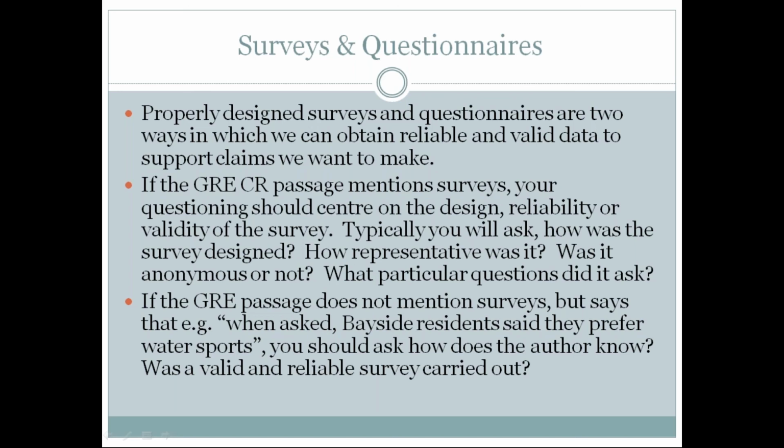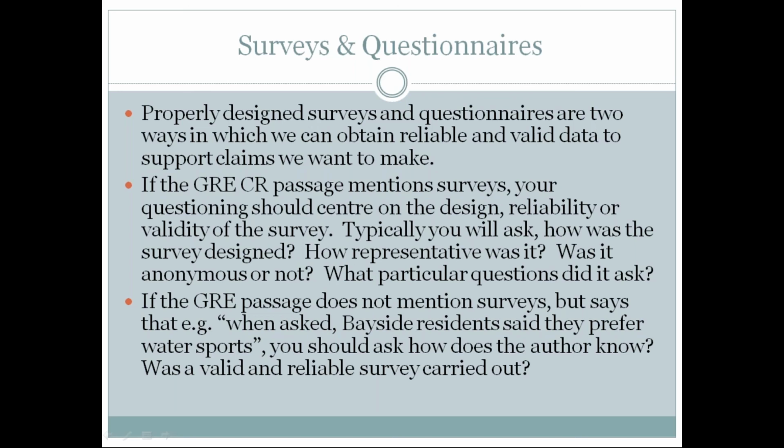If the GRE or GMAT critical reasoning passage mentions surveys, then your critique should center on the design, the reliability, or the validity of the survey. Typically, you might ask, how was the survey designed? Or how representative was it?